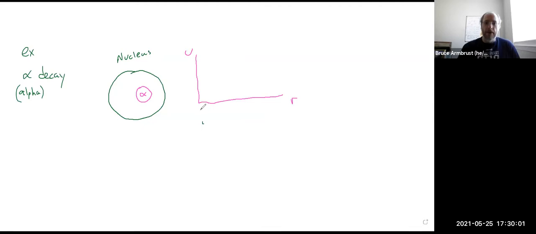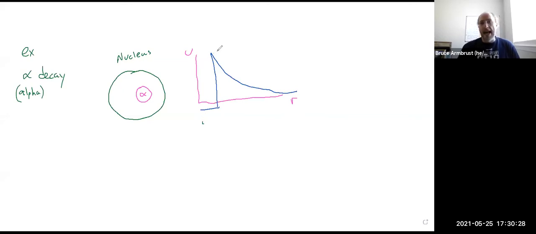In fact, I'm going to call this negative. It's going to be negative for a little bit. And then we're going to get to the point where it can escape. And beyond that, it does an inverse square with R because now there's the electrical repulsion and stuff like that. But it looks a little bit like this.